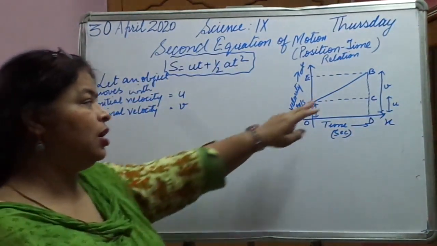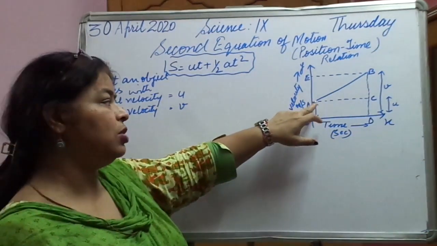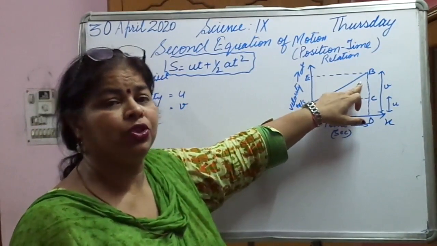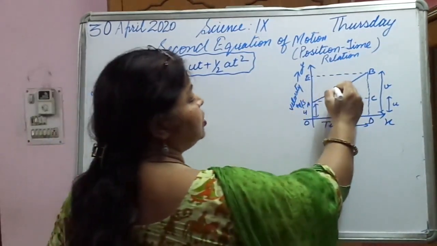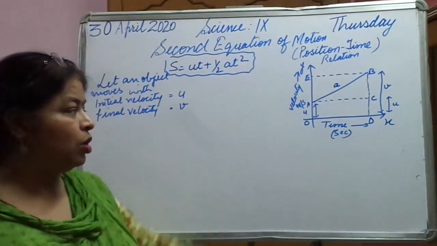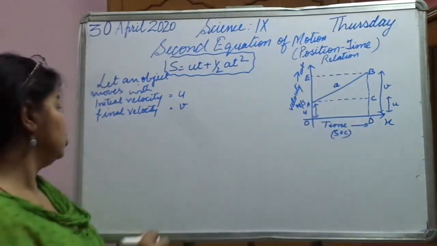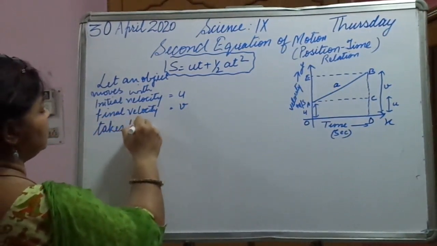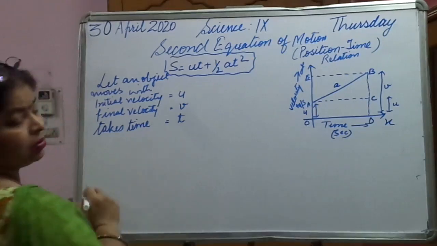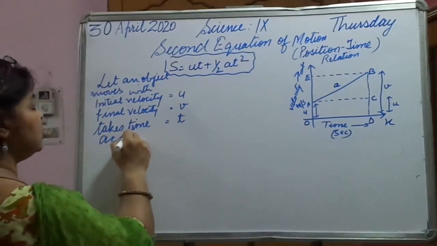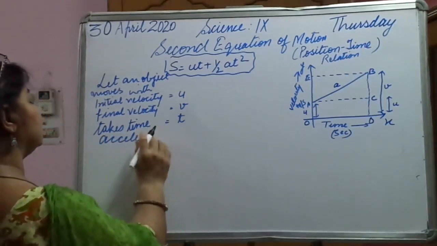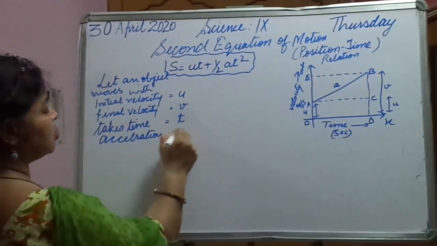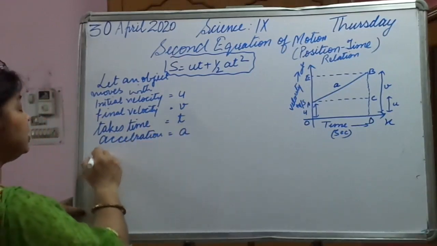And we learned yesterday, we had discussed that AB is when the object is moving in uniform motion. So this slope shows the acceleration. We are going to introduce the terms: takes time t and acceleration a, covers distance.